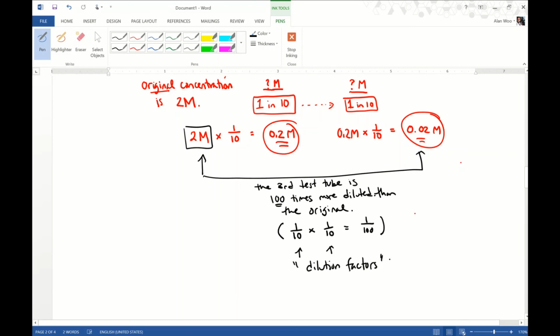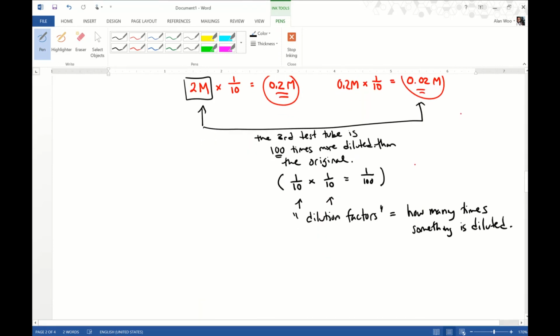It means how many times something is diluted. But instead of just saying how many times something is diluted, it's just easier to say dilution factor. So again, with these dilution factors, it doesn't always have to be a 1 in 10. It could be a 1 in 5, for example.